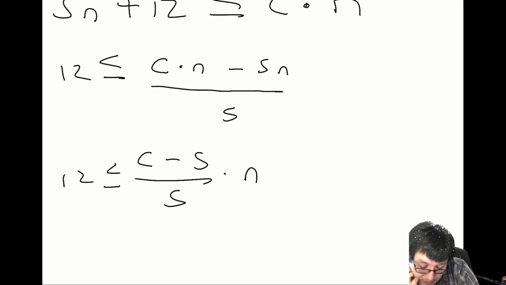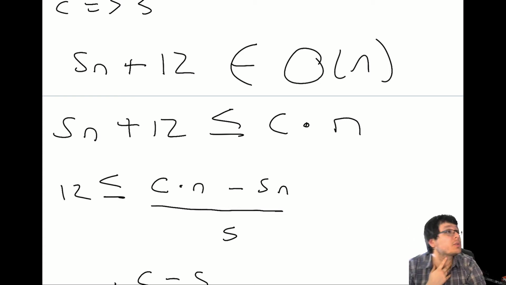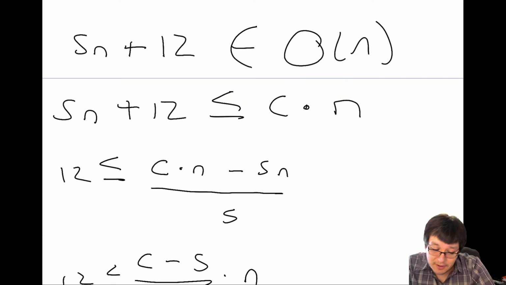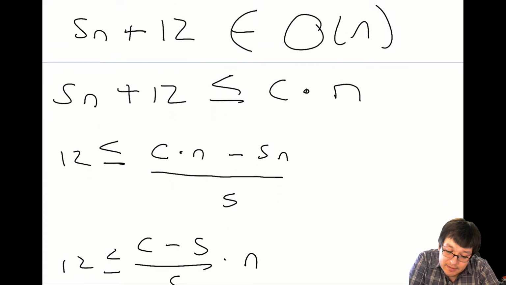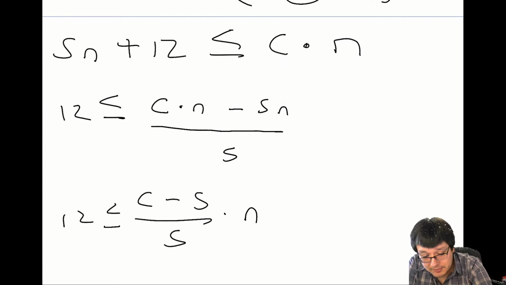And so now we can say this is less than or equal to 12. And so now we can go ahead and bring that over. No, I'm not sure. Factor the n out. Okay. Well, if I factor the n out, I'm going to get it into 12. That's the problem.